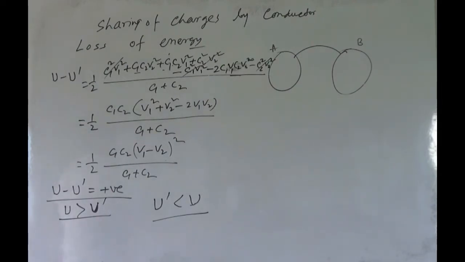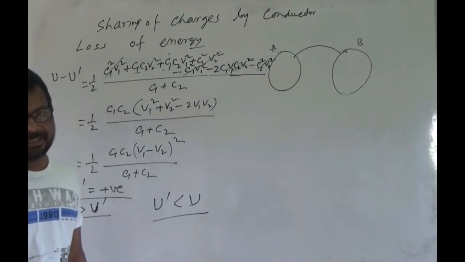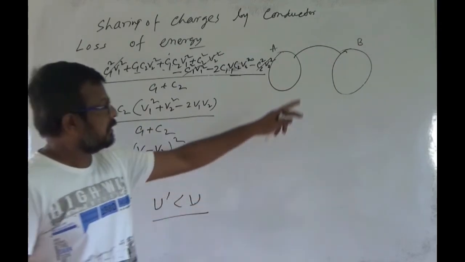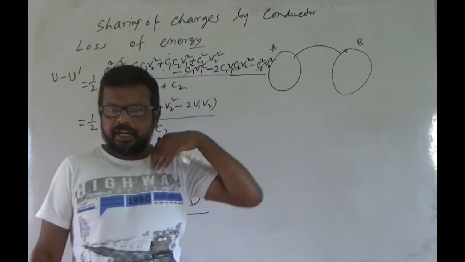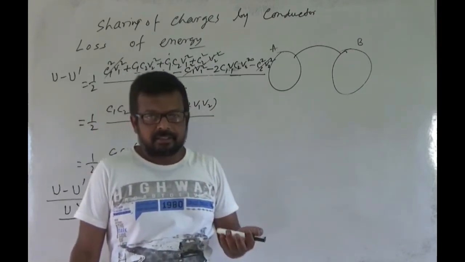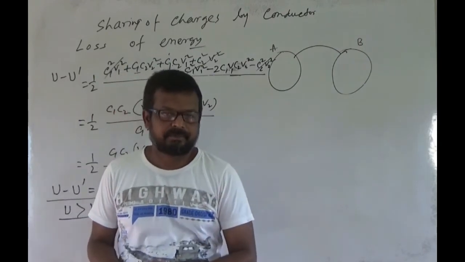Since a conductor is a capacitor, you can say capacitor also. This loss of energy appears as heat energy. During this process, the metallic wire will be heated, and maybe you may also get some light.